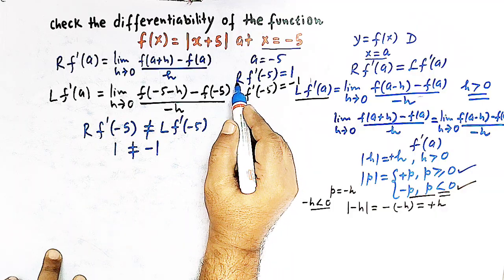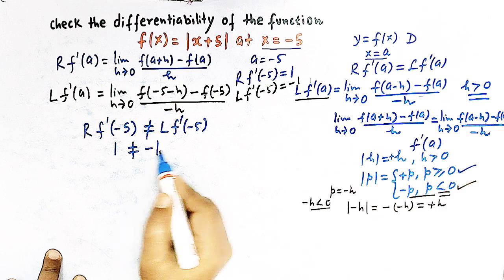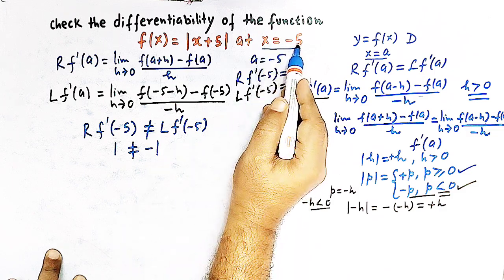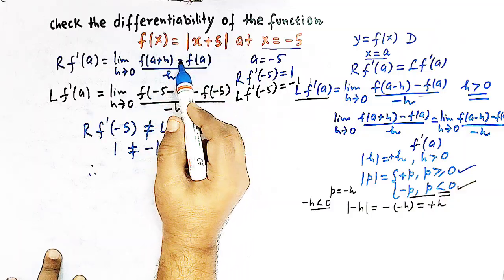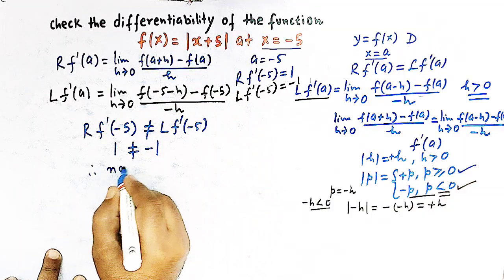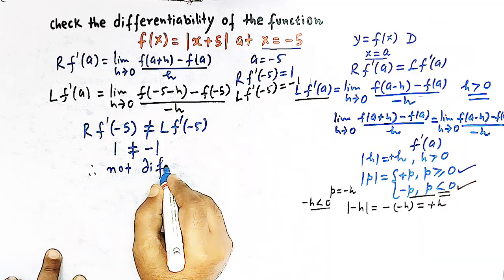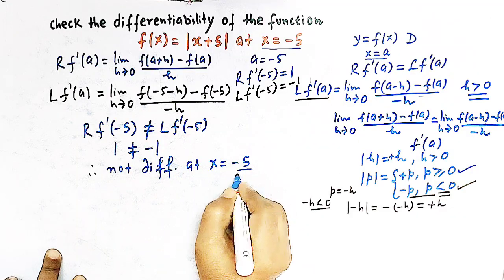So the right hand derivative is not equal to the left hand derivative at this point x is equal to minus 5. Therefore this function, that is f of x is equal to mod of x plus 5, is not differentiable at x is equal to minus 5, right?